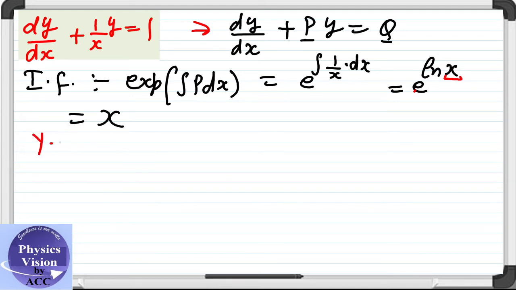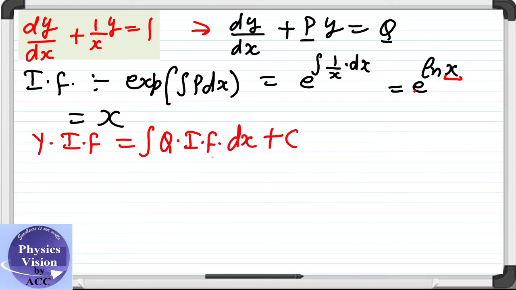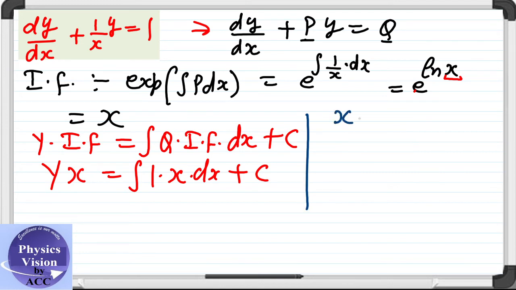The solution is given by y into the integrating factor is equal to integration of q into the integrating factor with respect to x, plus c, some constant. Now putting the value of the integrating factor as x, we get yx is equal to integral of 1 times x dx plus c, which gives us the solution xy is equal to x square by 2 plus c.